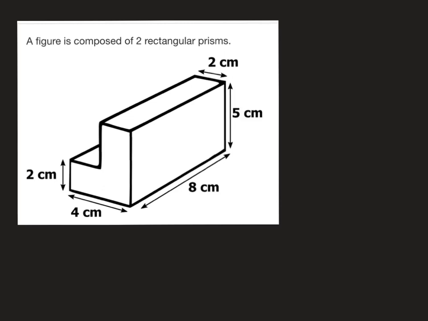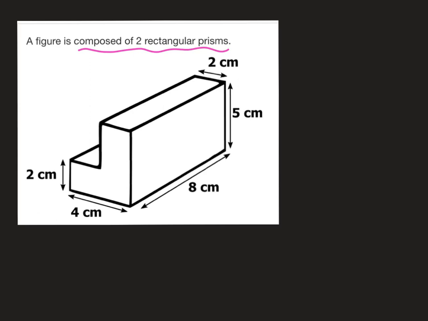All right, so on this question, it's very similar to the other one. It's still composite figures. What's different about this one is that even though it tells you that it's composed of 2 rectangular prisms, it's not divided up like the last one was. So we've got to make a decision on how we are going to divide this shape up.